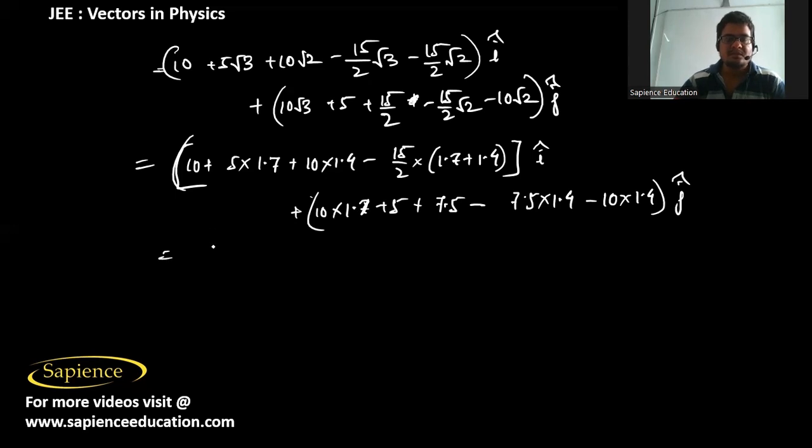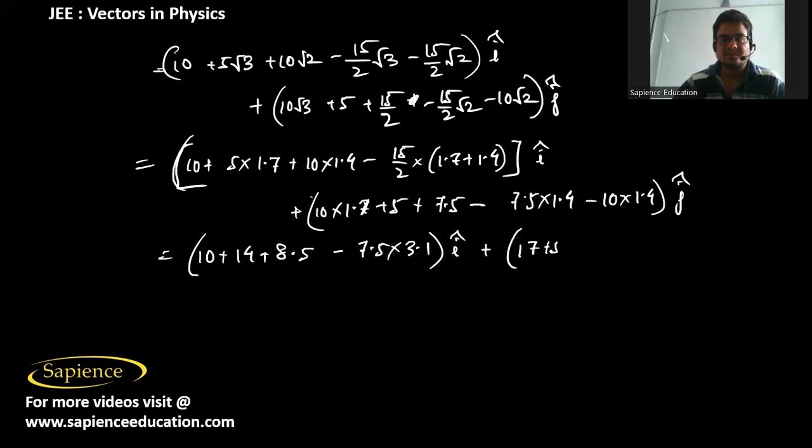So this will be 10 plus 14 plus 5 sevens is 35, that is 8.5, then minus 7.5 into 3.1 I cap, then plus this will be 17 plus 5 plus 7.5 minus 17.5 into 1.4. 10 plus 7.5 is 17.5. This will be j cap.